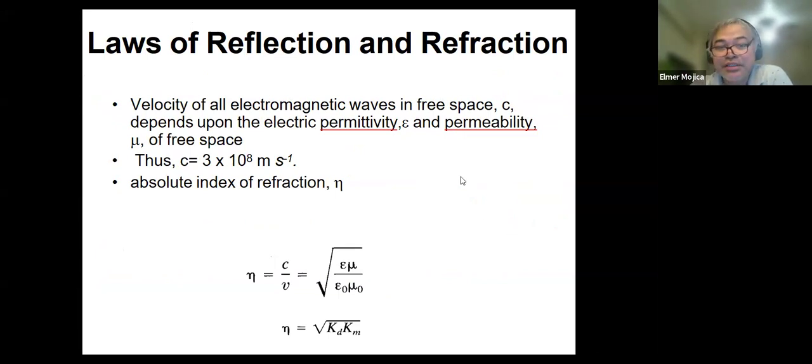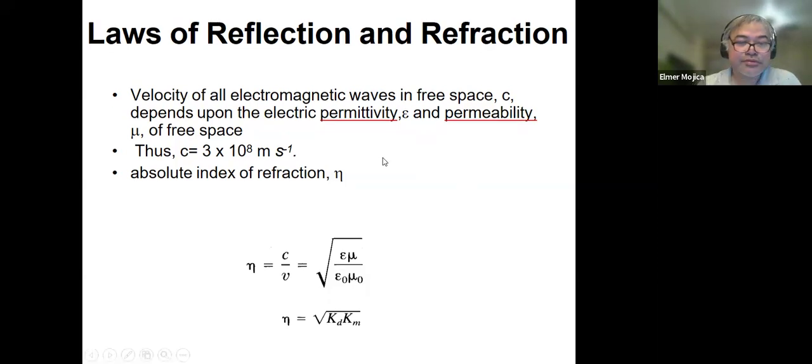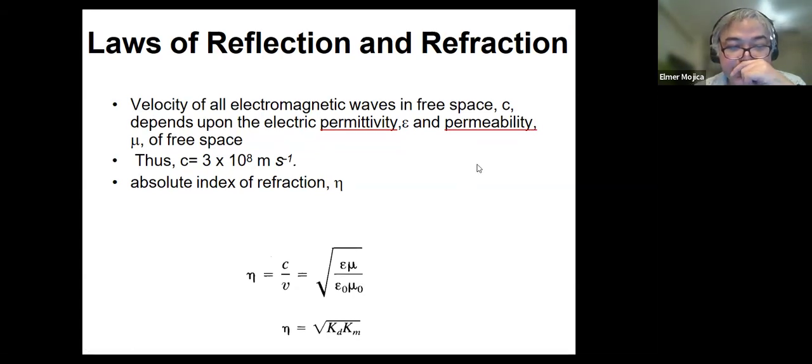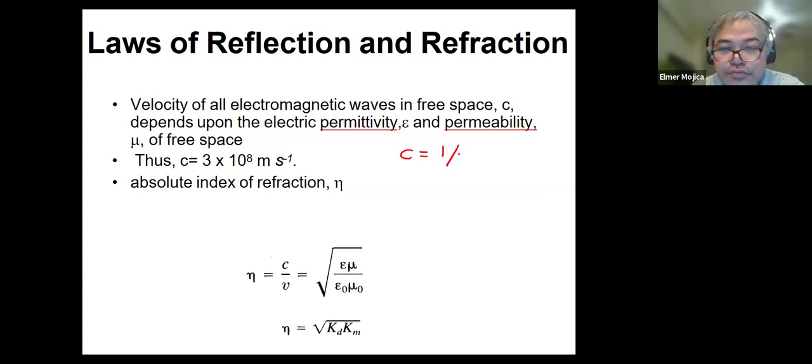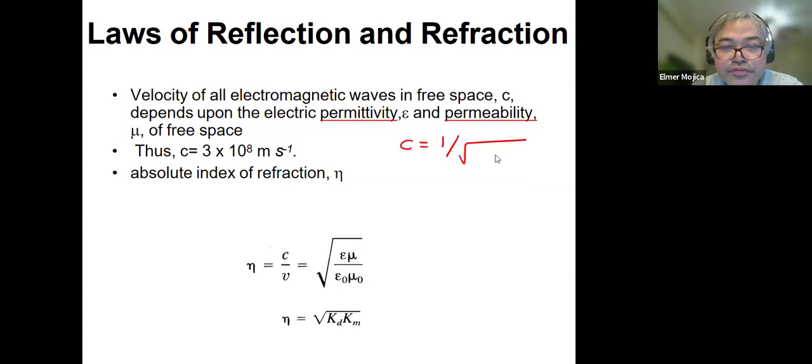And it can be described theoretically as c equals 1 divided by this one and this one.